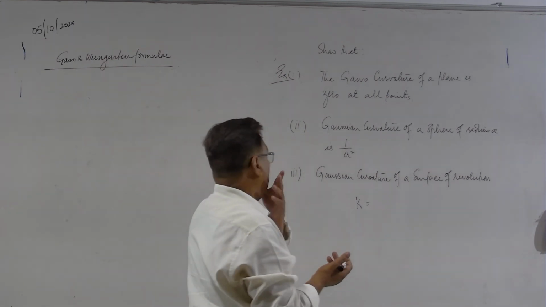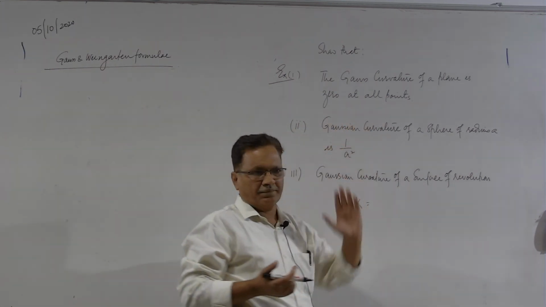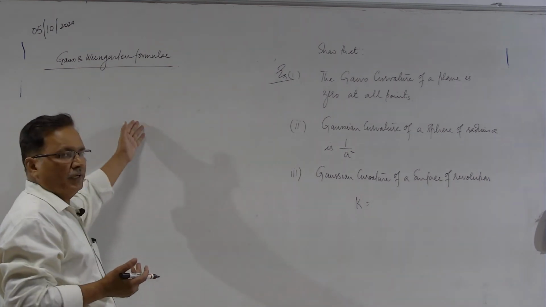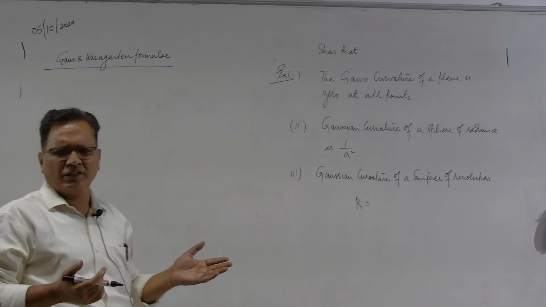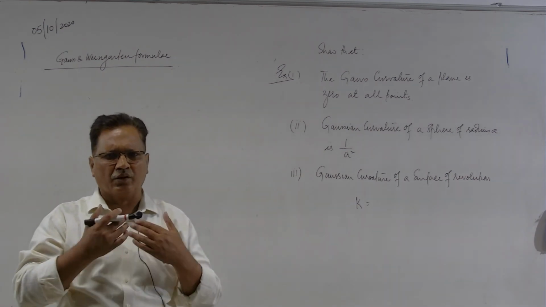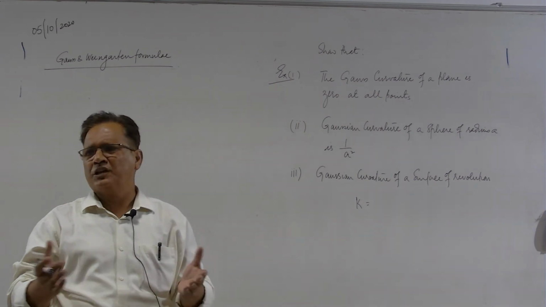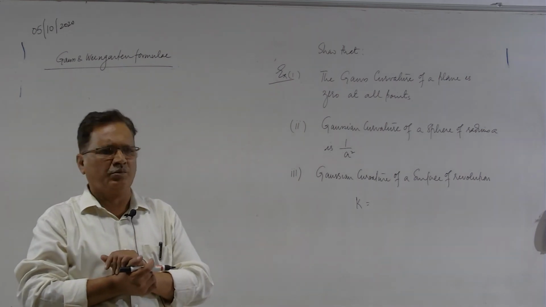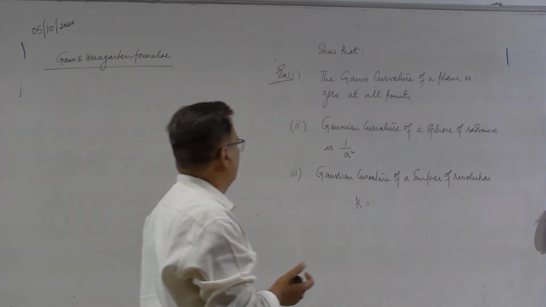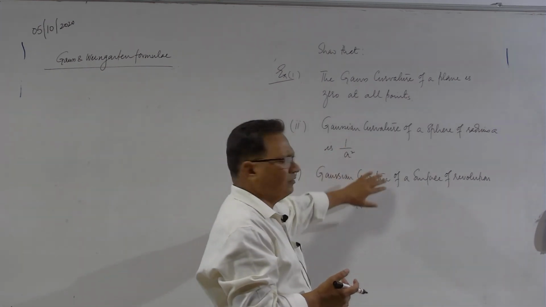Okay. First one is easy, because the formula for Gaussian curvature is B upon G, and you have seen for a plane the coefficients of the second fundamental form are all 0. So, therefore, the determinant of B i j will be 0. Since the numerator is 0, everything will become 0, and other calculations are simple.